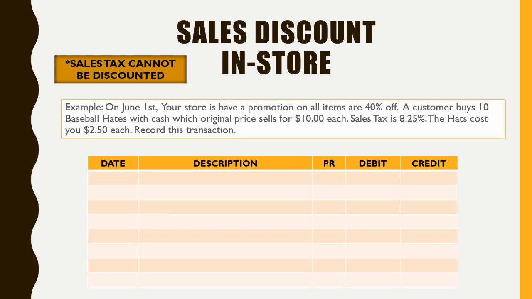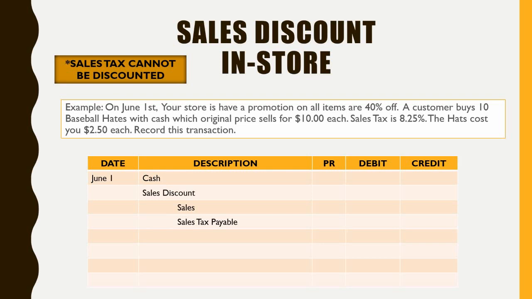So cash is going to be our first. Next is going to be our sales discount. What are going to be my credit accounts? Sales and sales tax. Correct. So again, Robin, you've already figured out the calculation.